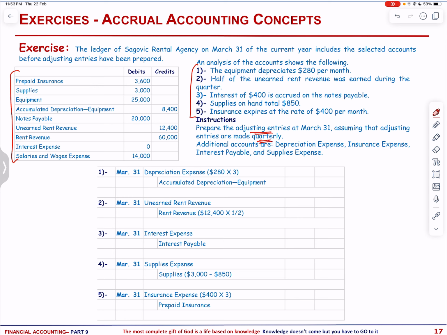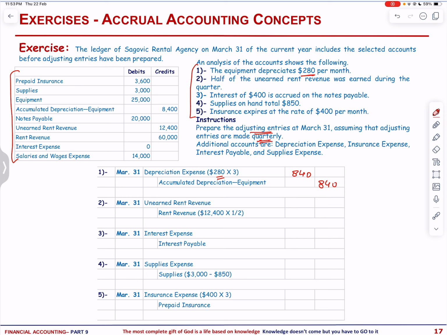Quarterly means for a period of 3 months. So equipment depreciates at the rate of 280, and because it is a quarter, so 280 times 3. So depreciation expense is debit and accumulated depreciation equipment is credit by 840.